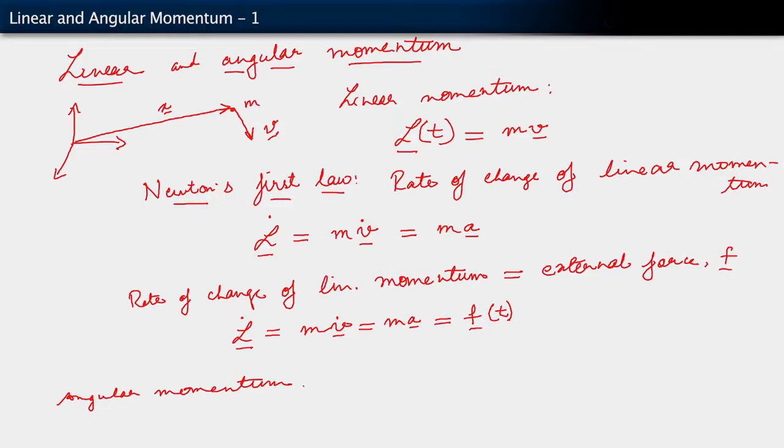Now the angular momentum. We are going to denote it as J, and it's a function of time. It is defined as follows: it is essentially the position vector that I have already in this figure, crossed with the linear momentum.